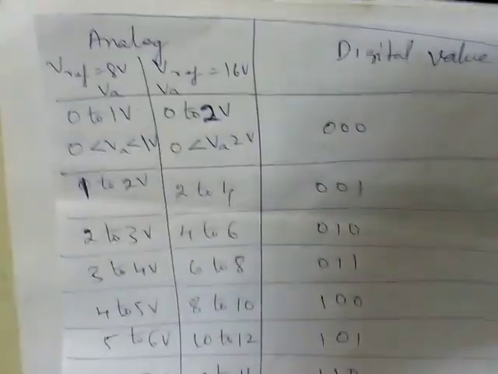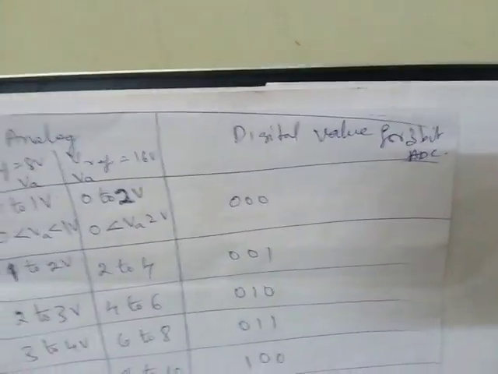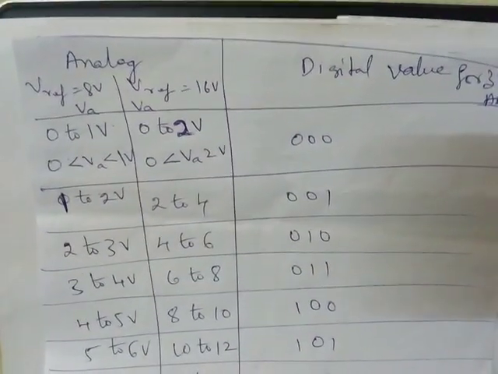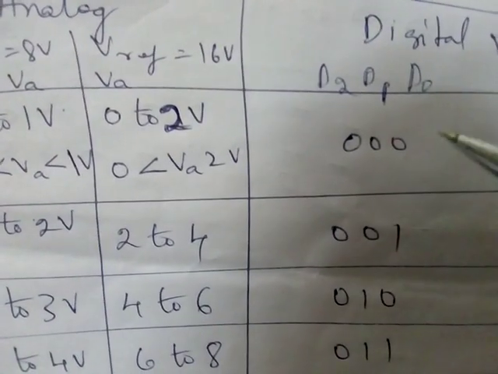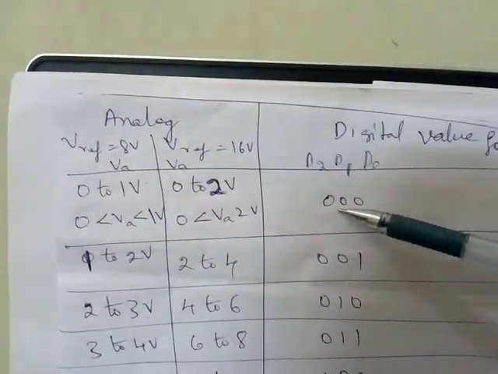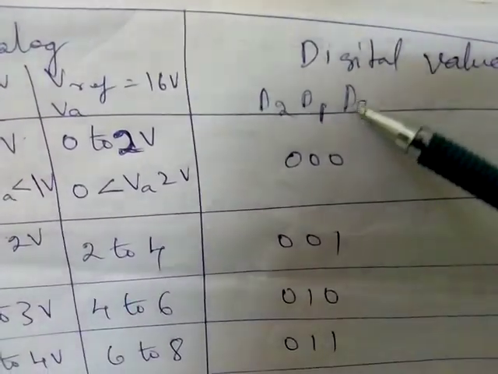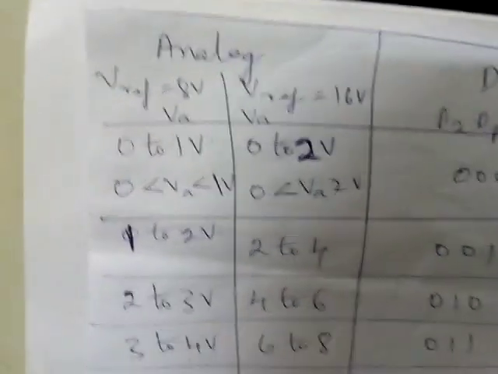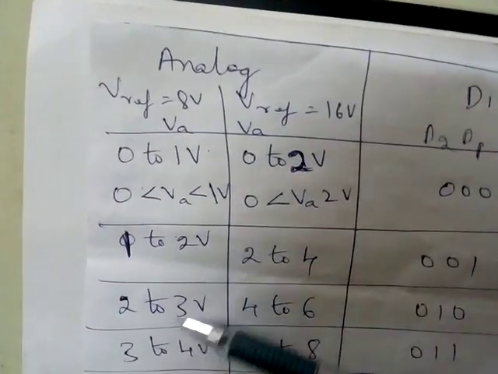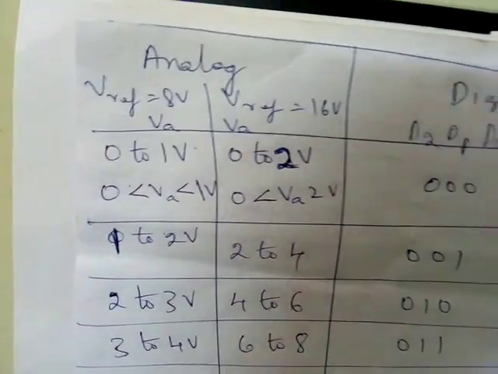Suppose it is a 3-bit ADC, meaning in the output you have 3 bits. We can call those bits D0, D1 and D2, where D0 is the LSB and D2 is the MSB. And the analog input can vary from 0 to 8 volt.